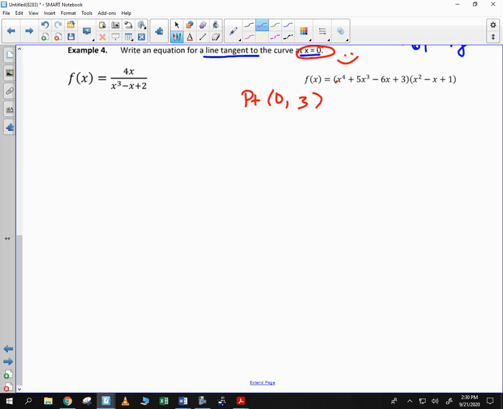But we need to be able to determine the derivative in order to find the slope. Well, don't multiply it all out, folks. Just go ahead and use the product rule.